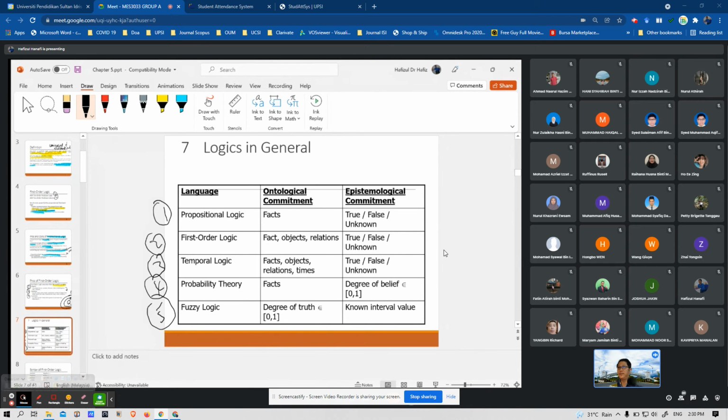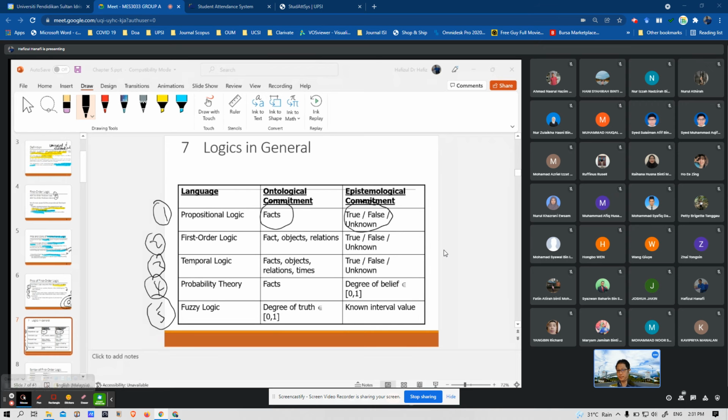For ontological, propositional logic is based on facts. For epistemological, it is based on true or false or unknown. This one is based on the domain. And then first order logic is based on facts, objects, relations, and for the epistemological, it is also the same as propositional logic: true or false or unknown.